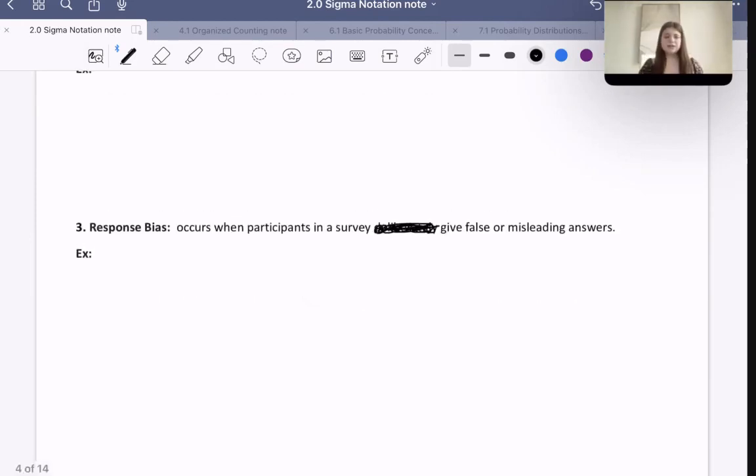And the last one is response bias, where people give false or misleading answers either deliberately or not deliberately. So I think one way, we can't really stop people from lying to us, right? Some people are just going to not want to tell the truth and want to manipulate the data or things like that.